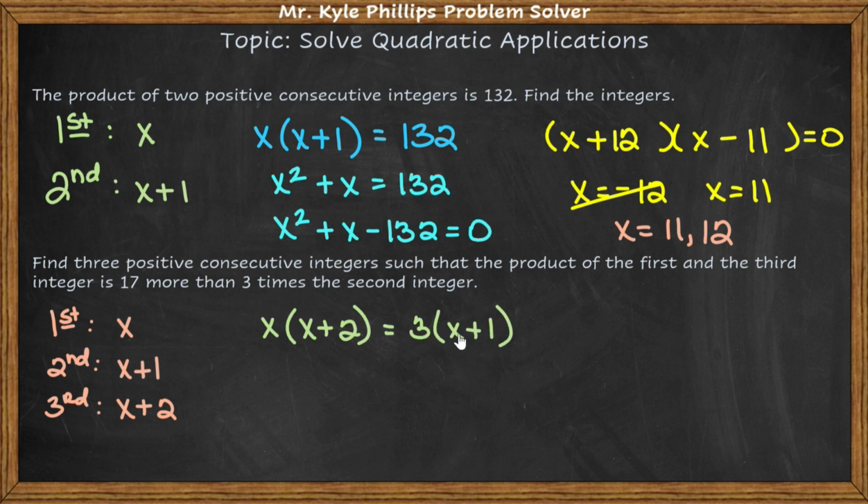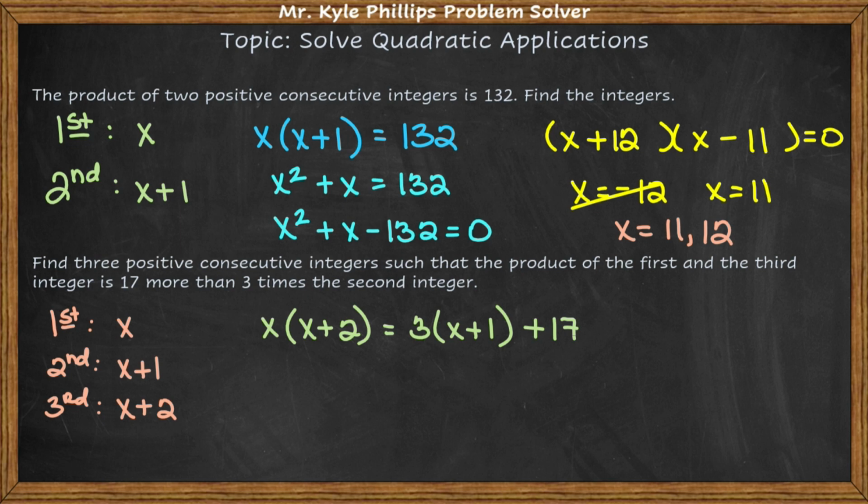So here's 3 times the second integer, and then it says 17 more than 3 times that. So I take this product and add 17. So the product of the first and the third, x times x plus 2, is 17 more than 3 times the value of the second integer.